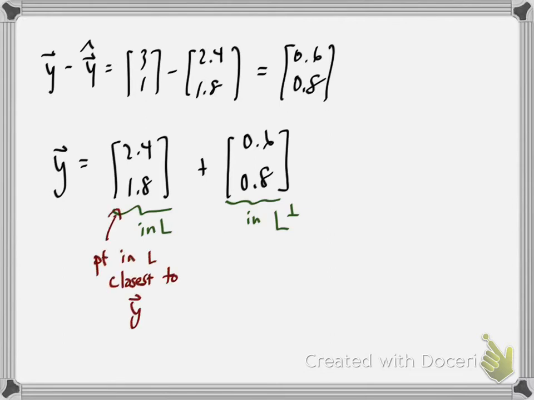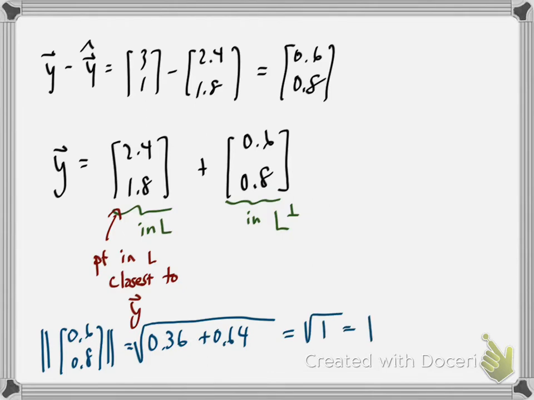The point (2.4, 1.8) is the point in L that's closest to y. And if I compute the length of the part that's perpendicular, the length of this vector (0.6, 0.8), I get 1, which tells me that the closest the line goes to the point y is distance 1 away.